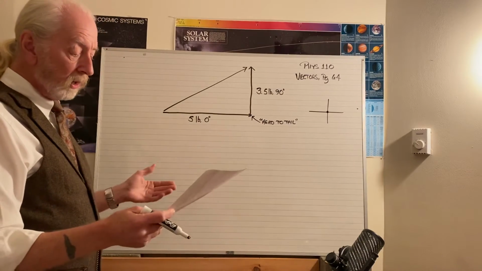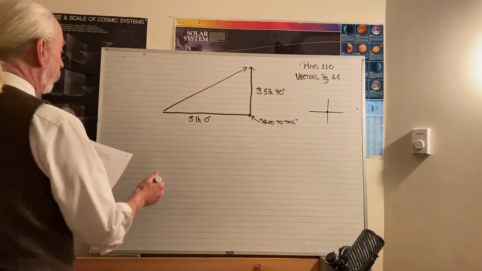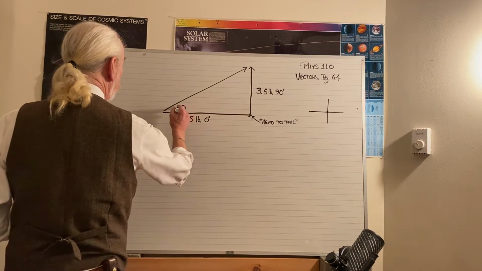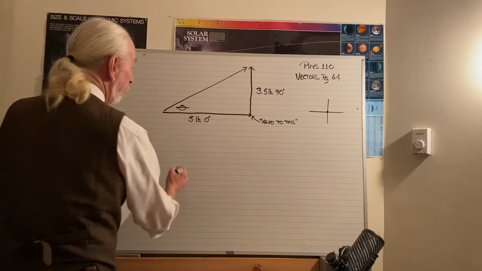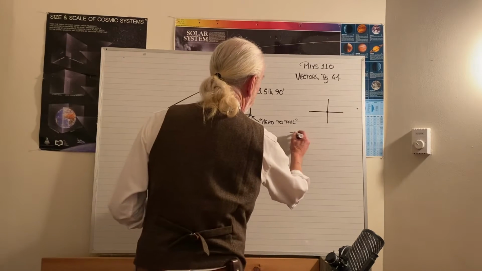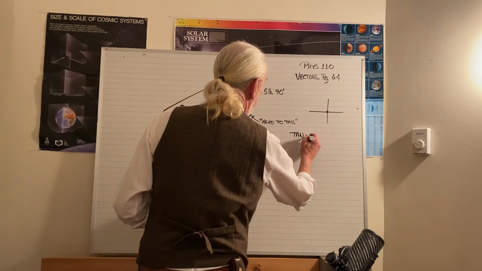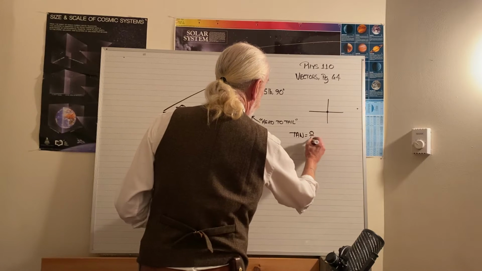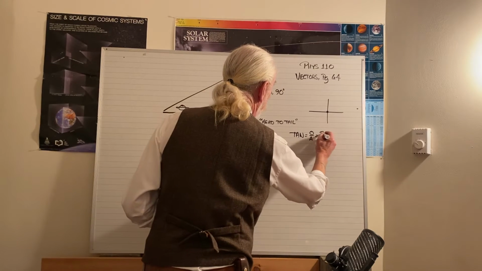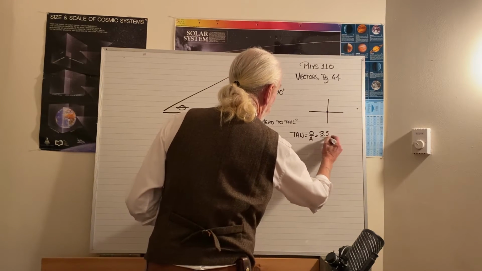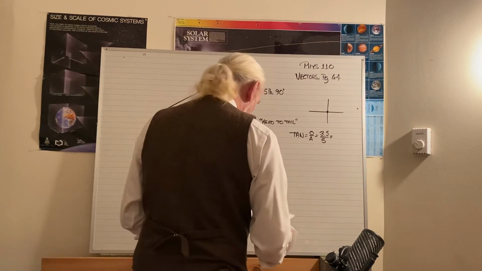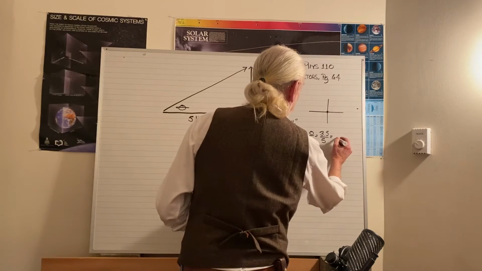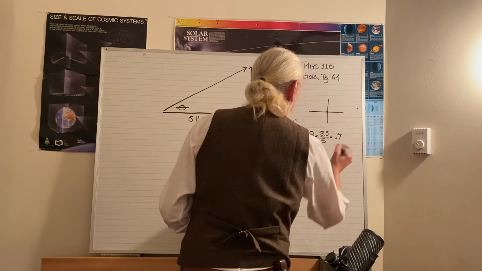All right, so we're going to calculate the tangent of the unknown angle theta. Remember, tangent equals opposite over adjacent, which in this case is 3.5 over 5, and I'm pretty sure that's going to come out to exactly 0.7.